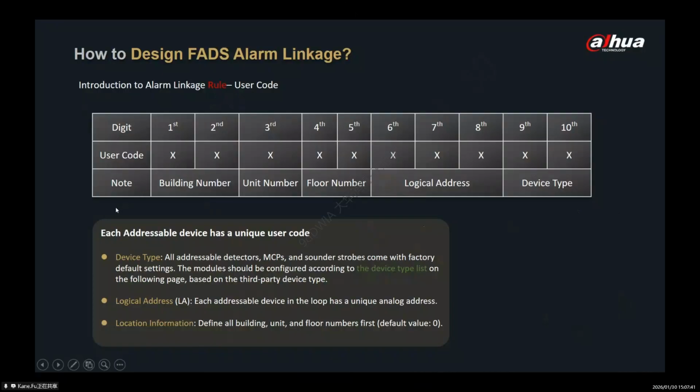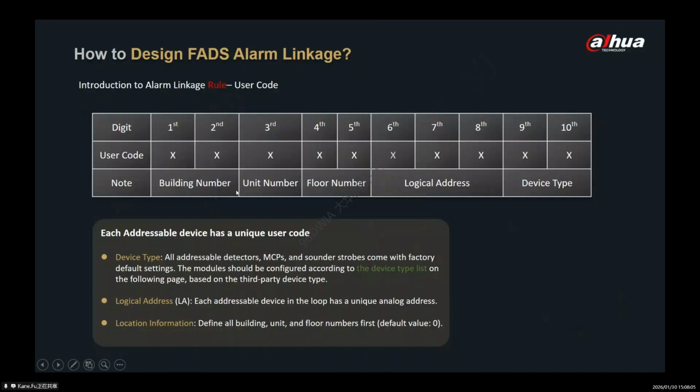As you know, in a traditional addressable system, the sensors not only have an address, but also a user code for the alarm linkage function. So our rule, our user code structure, is like that.